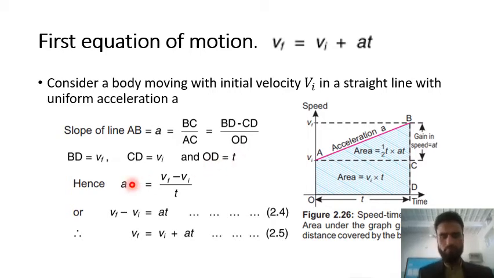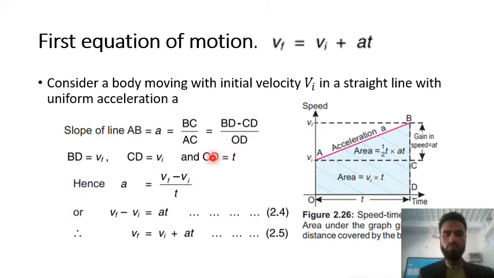Now just putting these quantities in this equation, we will get the acceleration, which is this one. BD is actually VF, so we can write VF in place of this. CD is equal to VI, so we can write VI.